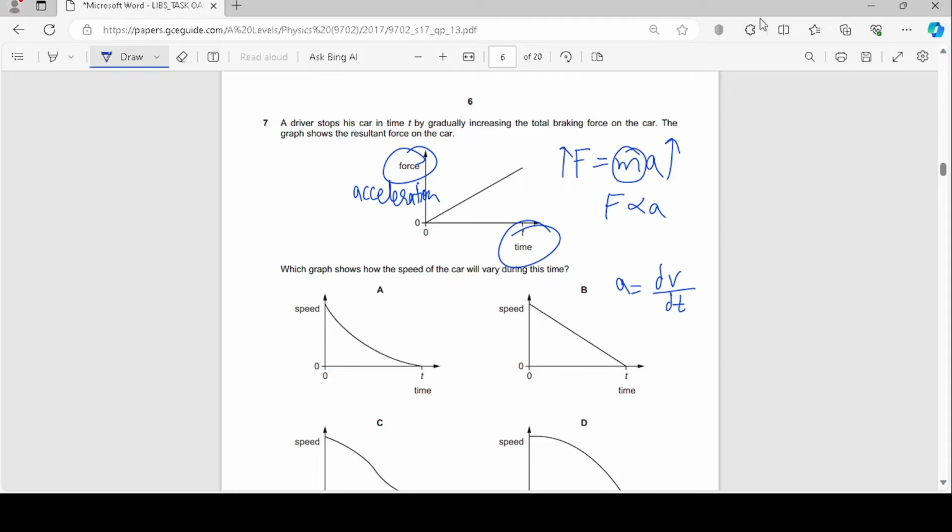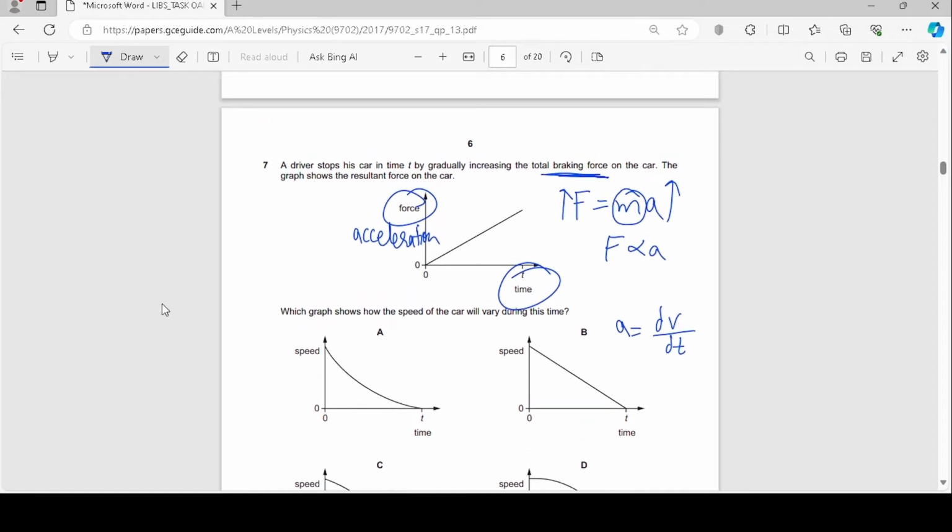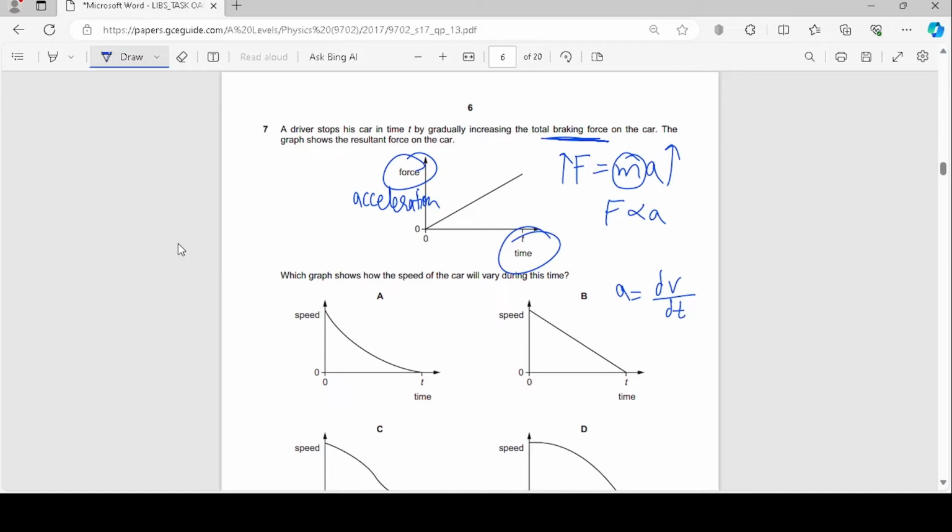If he's increasing the total braking force, which is kind of like an opposing force or a frictional force, stopping the car rather than speeding it up, then he's decelerating, right?